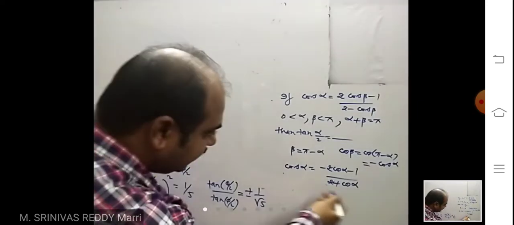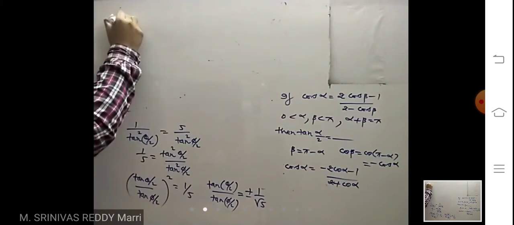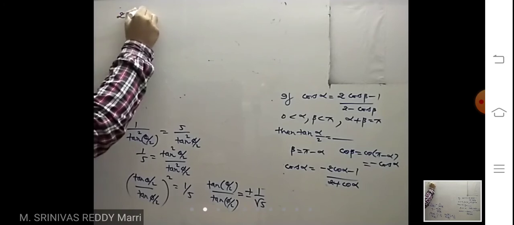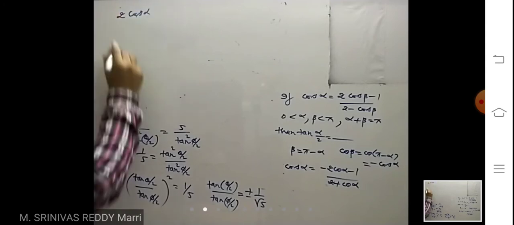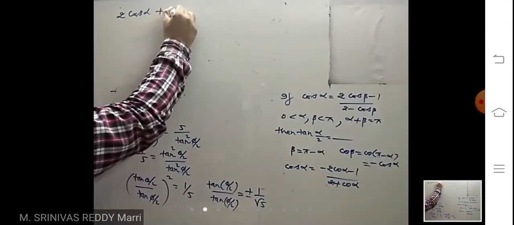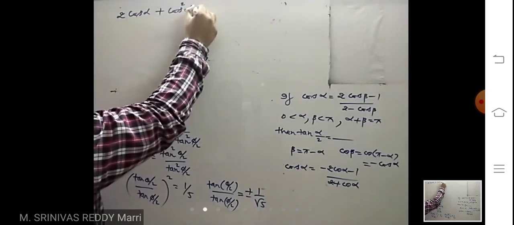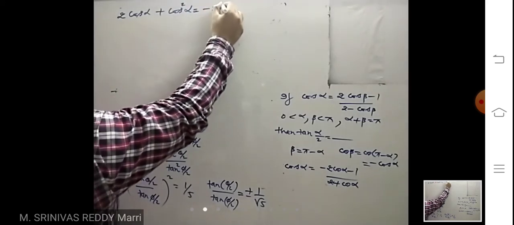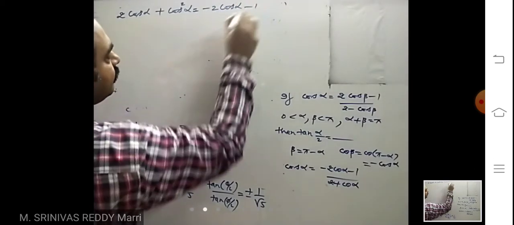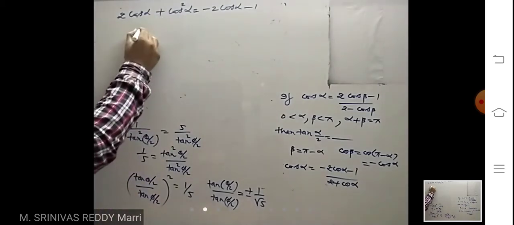Now look at, bring this side. 2 cos alpha plus cos square alpha equals minus 2 cos alpha minus 1. Now bring all this side.